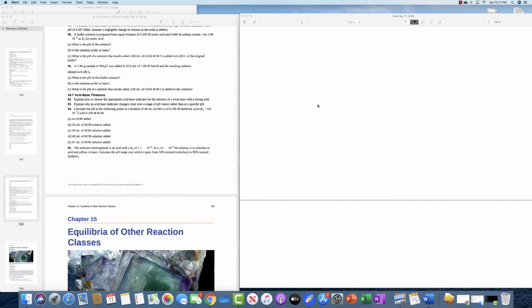Okay, so first of all, the equation we're dealing with here is C2H3O2 acetic acid plus water goes to form H3O ions, hydronium ions, plus the acetate.